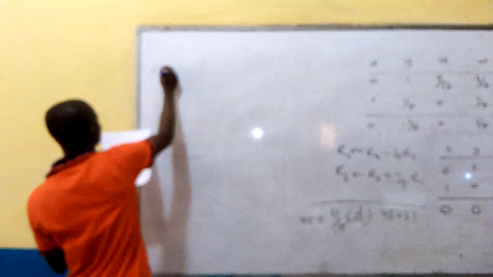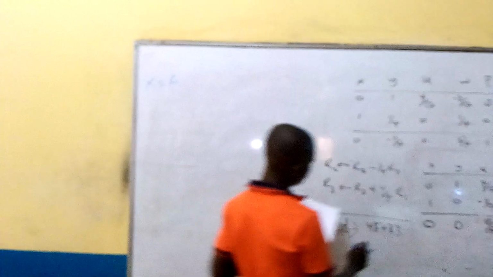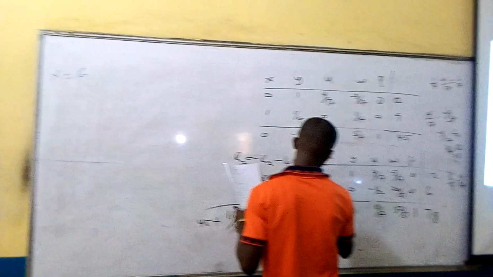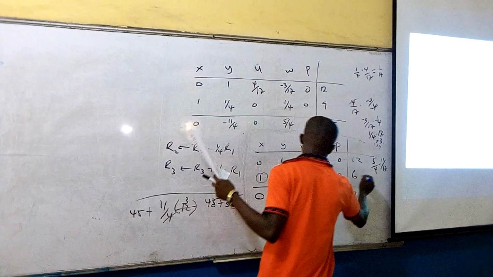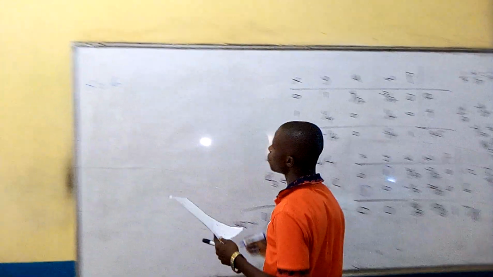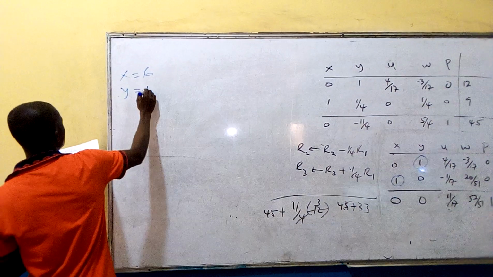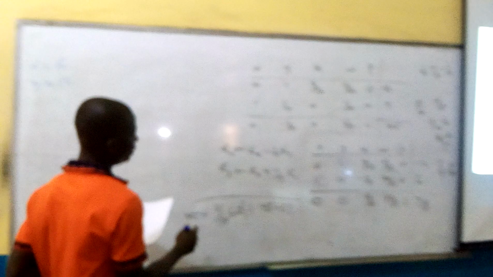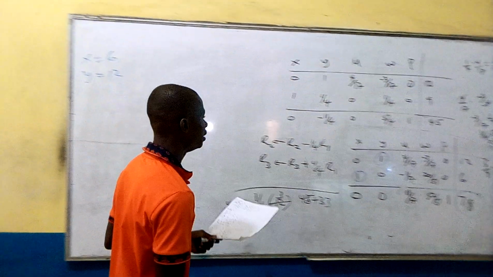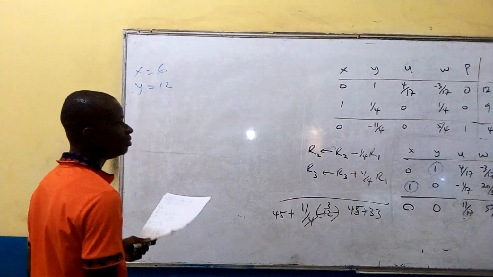So x will be equal to 6 because the x column, the unit value corresponds to this. So it means x is 6. And the y one corresponds to this. Y is equal to 12. And what we have here is the optimal solution.